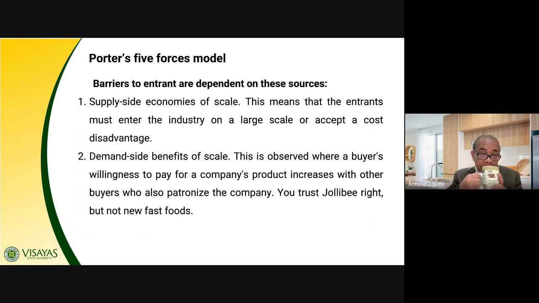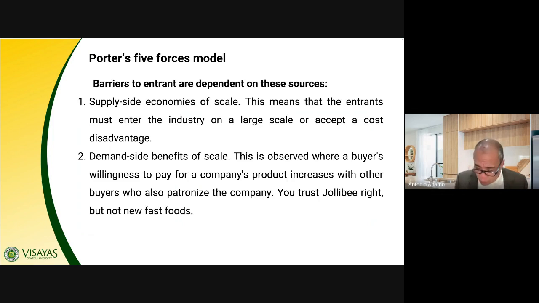The other is demand side benefits, where buyers' willingness to pay for a company's product depends on other buyers who also patronize the company. Meaning, are customers willing to shift to your product if you are a new entrant?